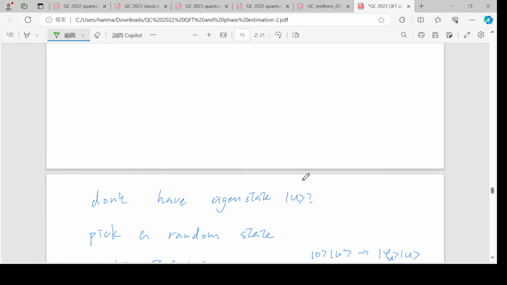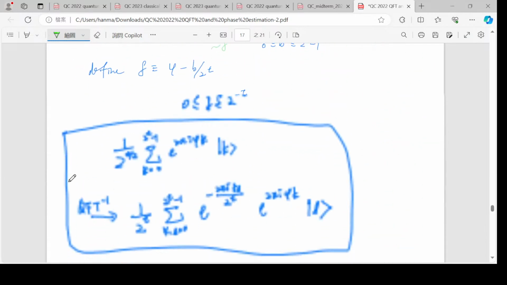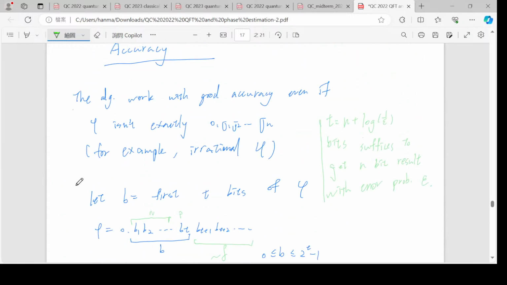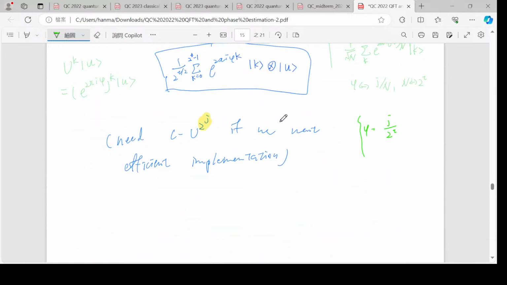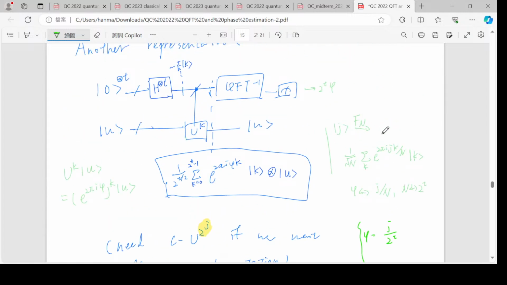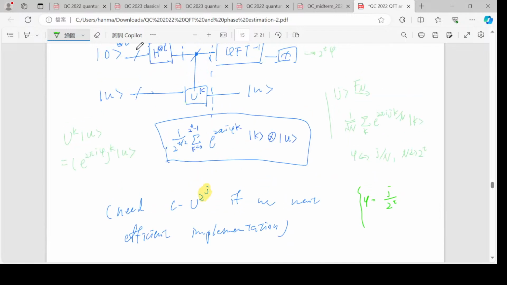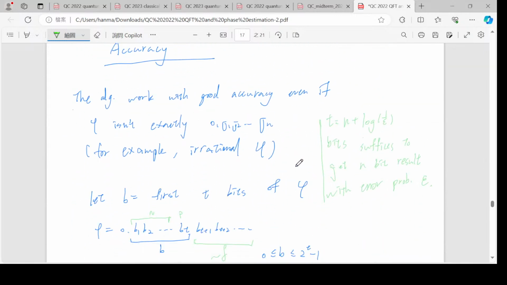Okay, let's take 5 minutes to talk about accuracy, and let's talk about the result. If our phi is a t-bit string, then we can use t qubits to get our phi.